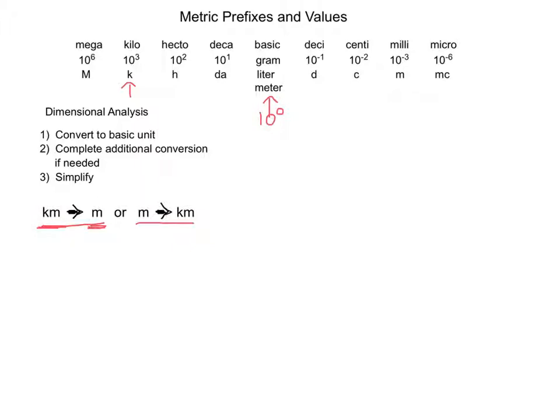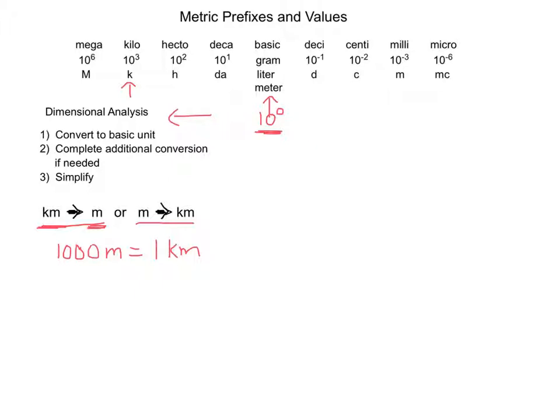So I know there is an exponent of 3 between them, and if I'm looking at 10 to the 3rd, that's 1,000. But 1,000 meters is going to equal 1 kilometer. Well, taking that idea again of having to work from the smaller value here to the larger value that's to the left, it's going to take 1,000 meters for me to have 1 kilometer.